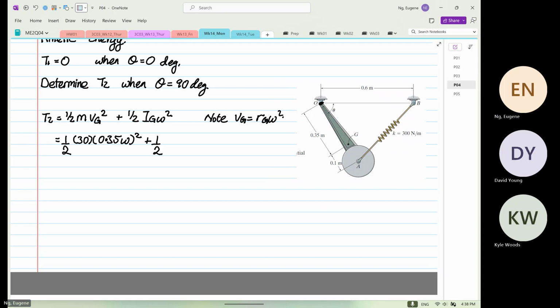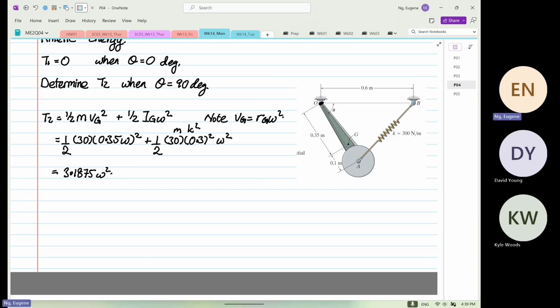Plus half, we are given IG, so we are given the mass and we are given the k, so this is m k squared: 0.3 squared, multiplied by omega squared. The outcome of this, 0.35 squared times 30 times 0.5 plus 0.5 times 30 times 0.3 squared, is equal to 3.1875 omega squared.